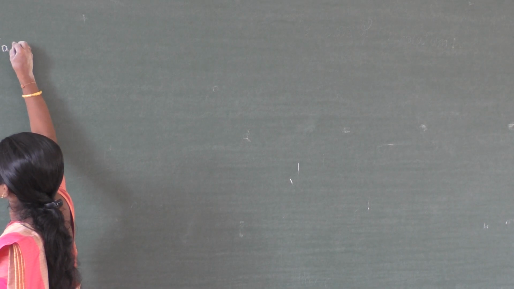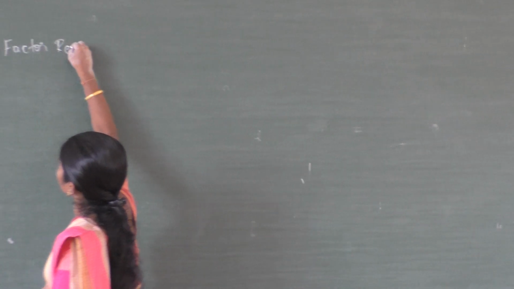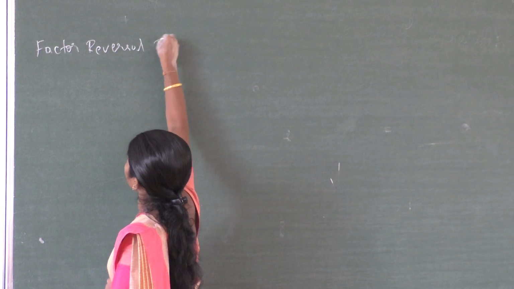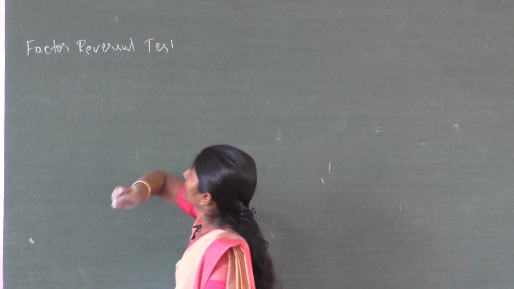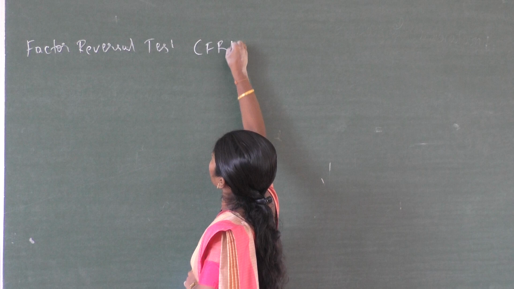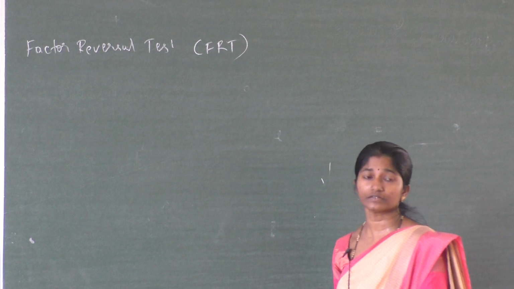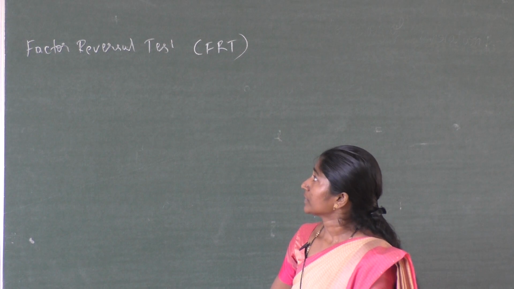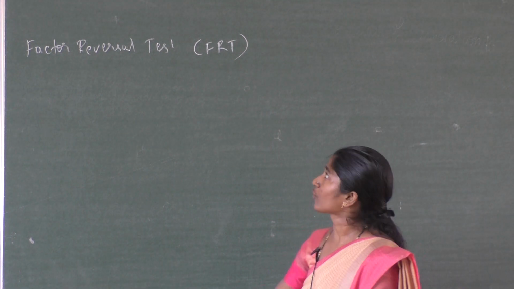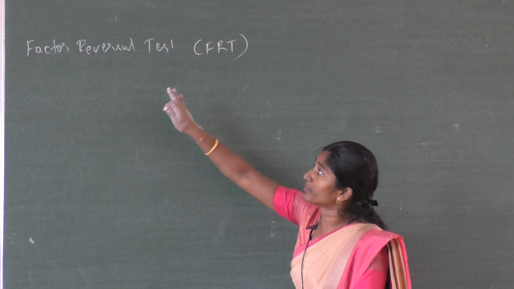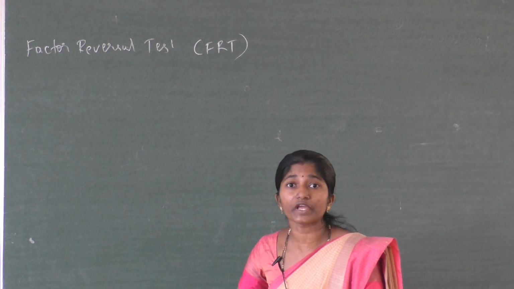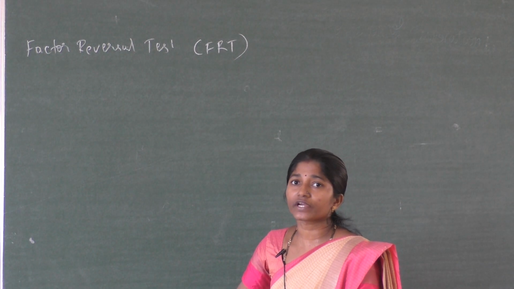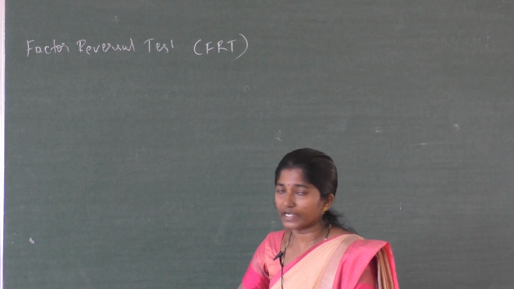In the factor reversal test, FRT, the product of price and quantity should be equal to the corresponding value index number.